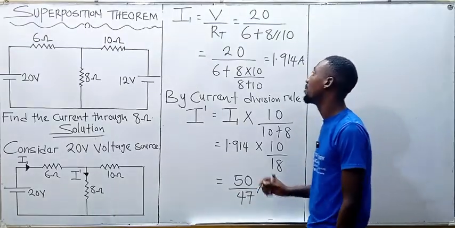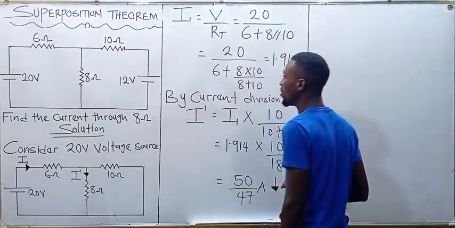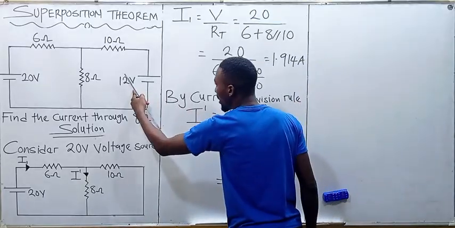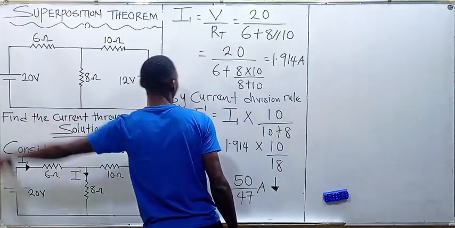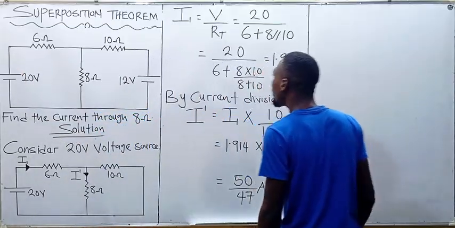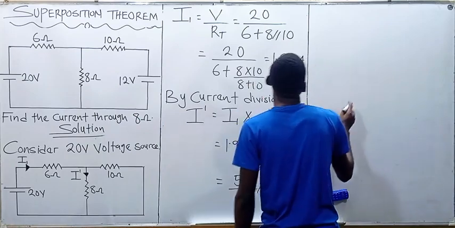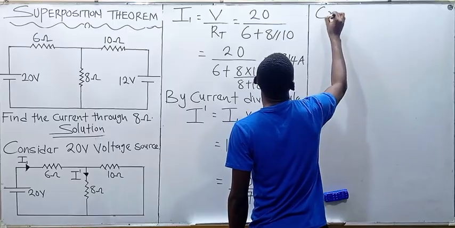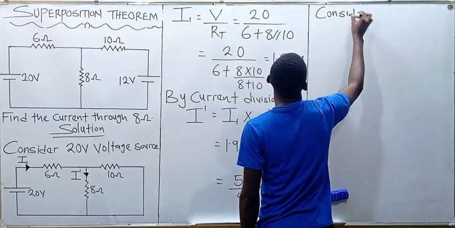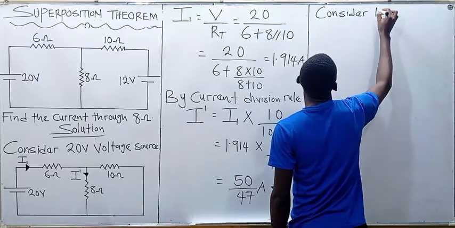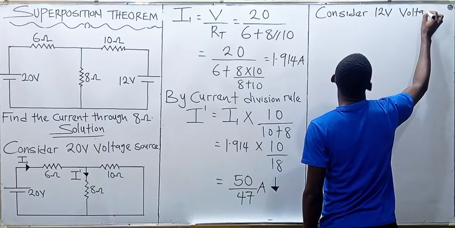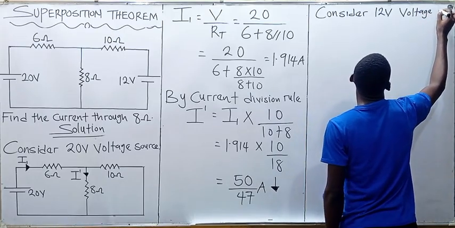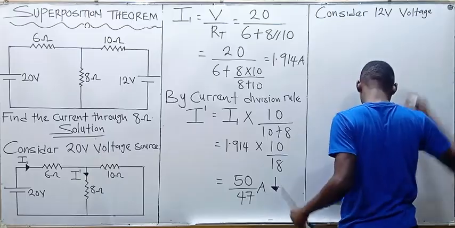Exactly. All right. Now, the next thing we are going to do is consider 12 volts, and we are going to turn off the 20 volts. Introduce a short circuit there. So consider the 12 volt voltage source.